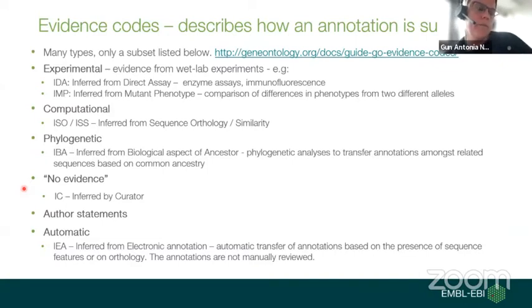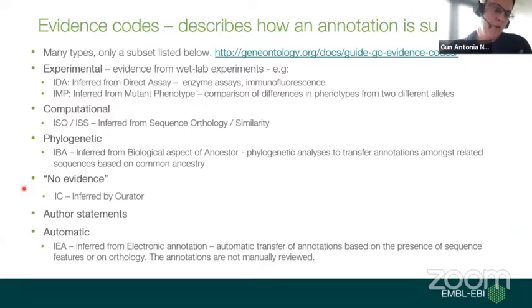There's a number of computational evidence codes. So ISO or ISS, when you infer things from sequence orthology or similarity. There's a phylogenetic code, IBA, inferred from biological aspect of ancestor, where annotations have been transferred among related sequences based on common ancestry.